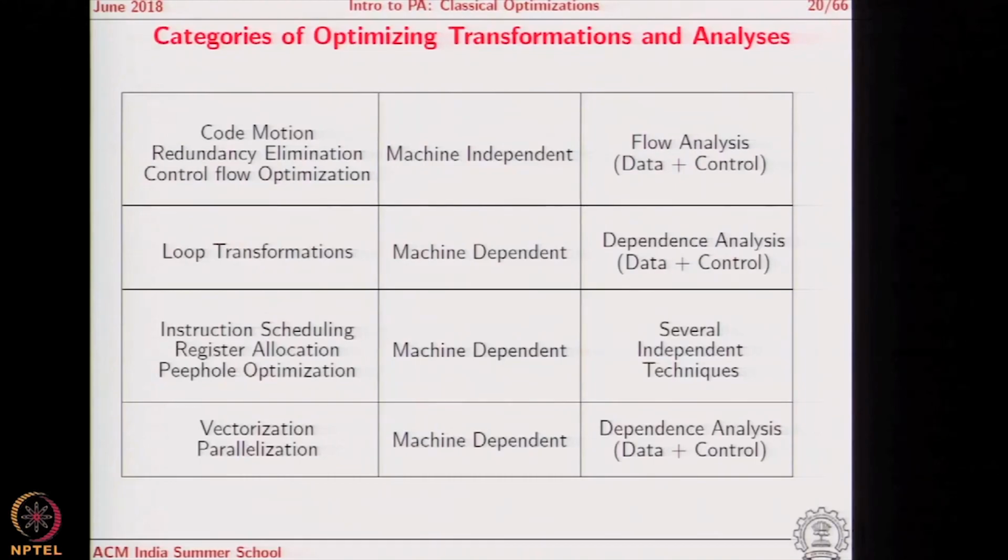If you want to know more about vectorization, for example, you could talk to Samira. Samira had taught you last week. She is doing a lot of work in vectorization, you could ask her questions about it. We are going to focus on data flow analysis, where we do not worry too much about machine architecture, we worry about the program in its intermediate form, right.